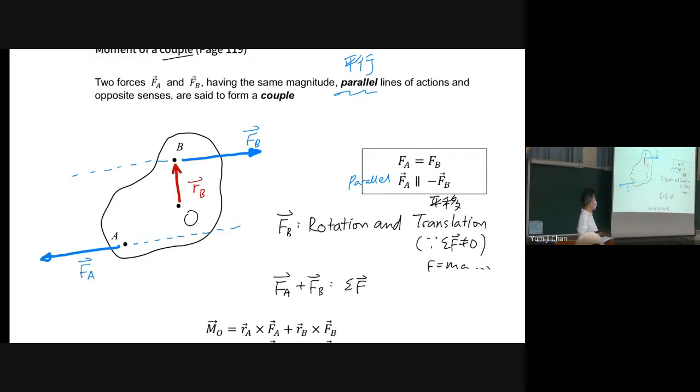The rigid body experiences two forces, one is FA and one is FB. So is summation F equal to 0? Seems yes, because this one is to the right and this one to the left, and the magnitudes of the two are the same. So summation F equals 0. So no translation.